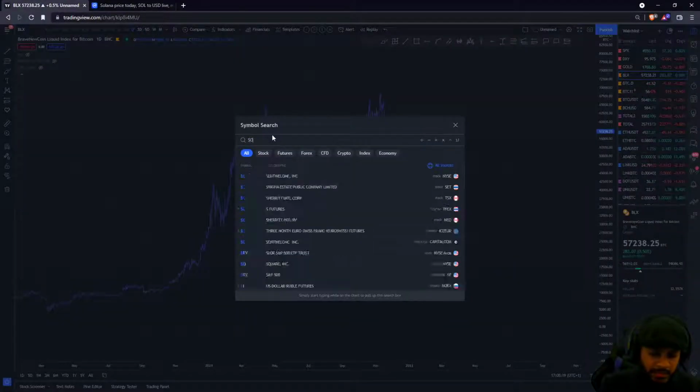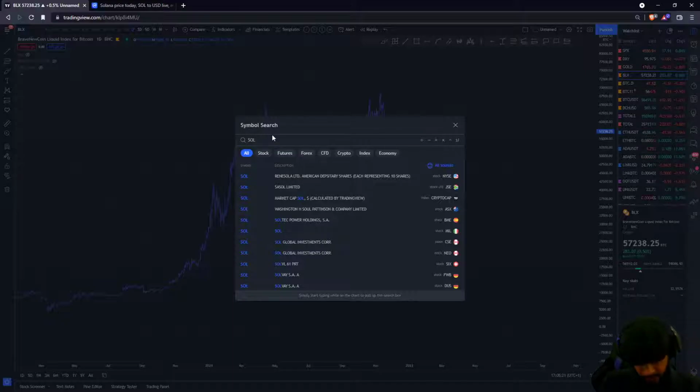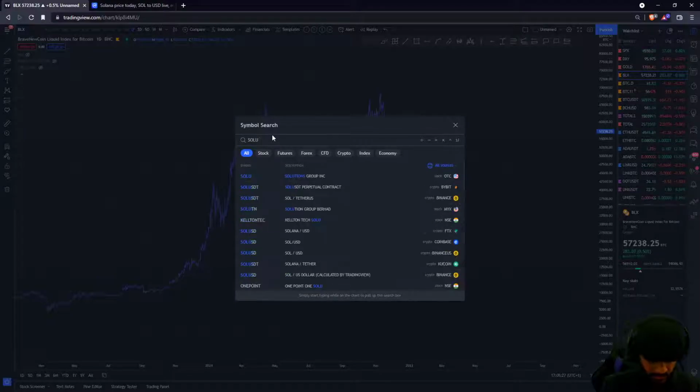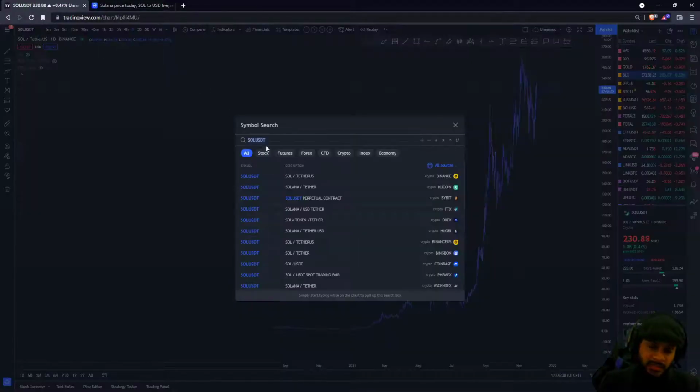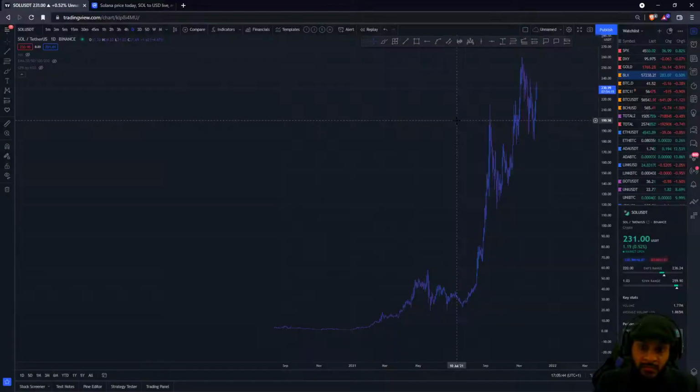You click on SOL, and then you want to check, do you want to check it in euros? Do you want to check it in USDC? Or do you want to check it in USDT? Most of the time I do USDT, and then click on what exchange you want to look at. Some charts don't show a lot of historical data, because for Solana on the Binance platform, Binance didn't list this coin before August 2020.